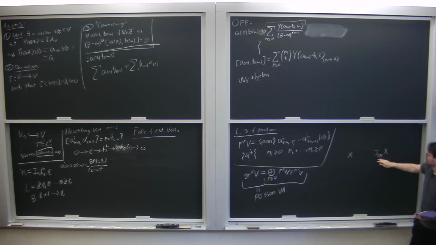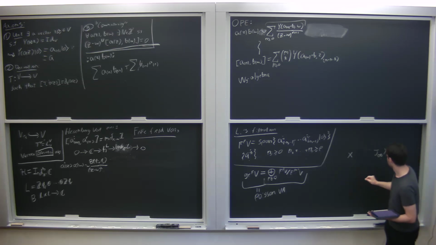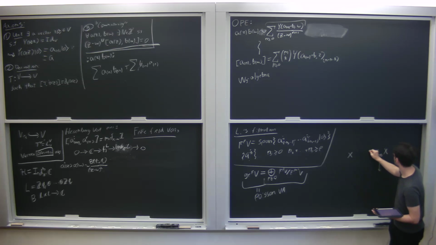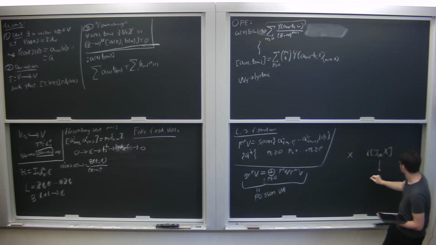A Poisson vertex algebra is going to be the data of the functions on the arc space of a Poisson variety. And so the type of thing we want to think about is, can we go from functions, I'm just going to use this to mean functions, and quantize this in some way to get a vertex algebra?